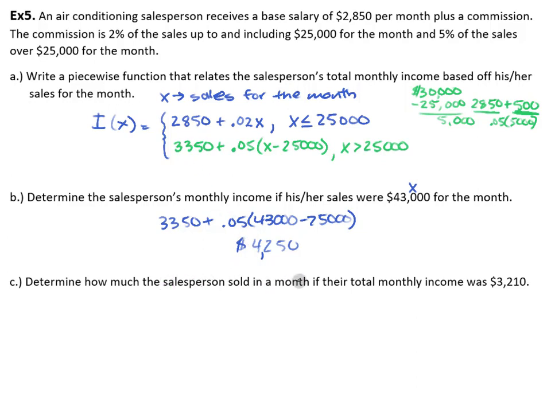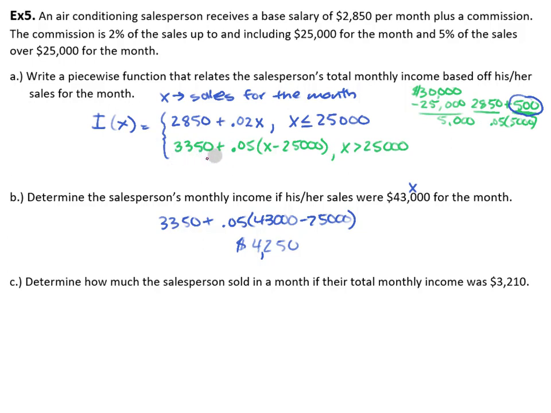Okay, last one says determine how much the salesperson sold in a month. So now we're figuring out X if their total monthly income was $3,210. So we're going to have to be smart about trying to figure out which one of these equations we want to use. So remember we said if they sold up to $25,000, that ended up tacking on this extra 500 over here.